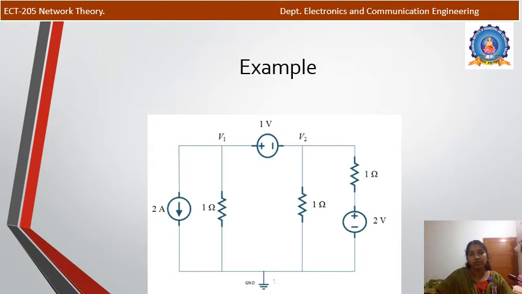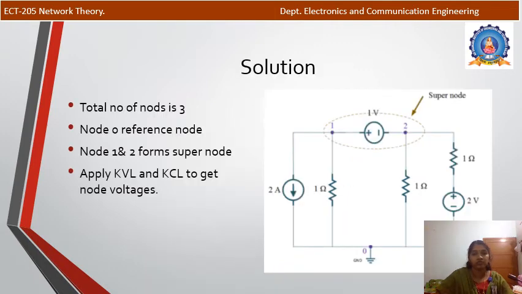There is a simple example here. There is a first node V1 and a second node V2, with a 1 volt voltage source in between. In the normal case, if there were a resistance in between, we would apply node voltages at V1 and V2. Here we consider this as a supernode.